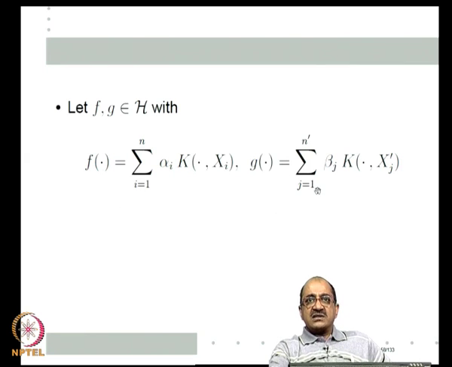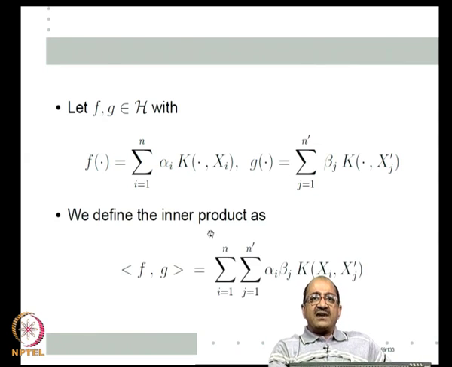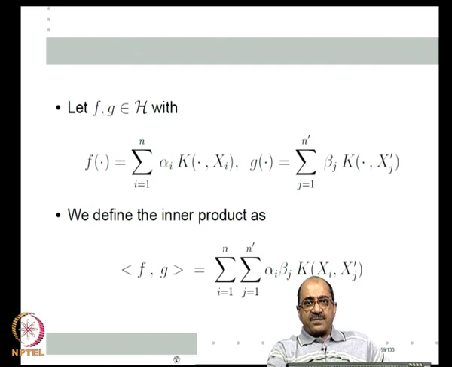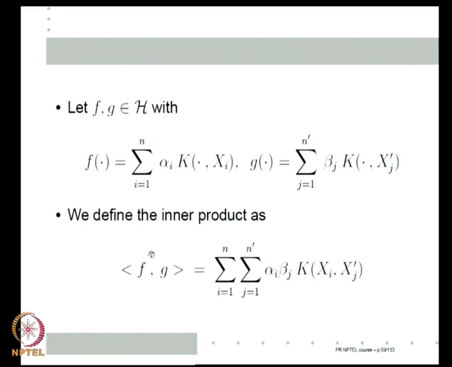So, given two functions f and g like this, we will define the inner product. The standard notation for the inner product is f comma g within angular brackets.